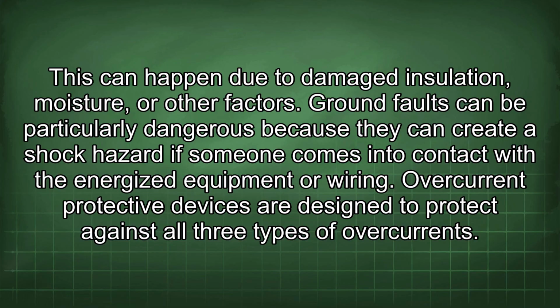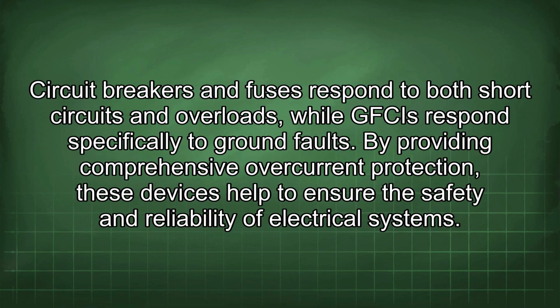energized equipment or wiring. Overcurrent protective devices are designed to protect against all three types of overcurrents. Circuit breakers and fuses respond to both short circuits and overloads, while GFCIs respond specifically to ground faults. By providing comprehensive overcurrent protection, these devices help to ensure the safety and reliability of electrical systems.